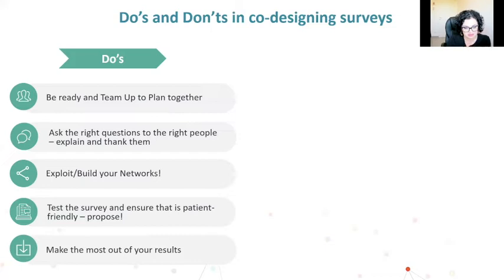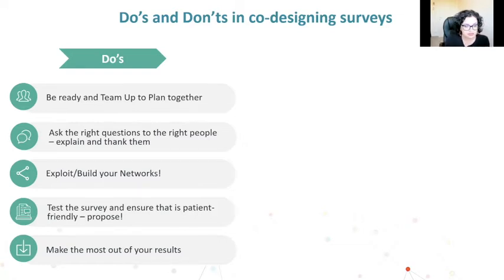Again, this might sound a little basic, but sometimes we see surveys that are built and organized with a lot of results, but then the results are either not published, or are just used internally. So when you plan a survey, already think at the beginning of what you can do with those results, not only how you can disseminate them, but also how they can be useful for your community, or even for other communities.